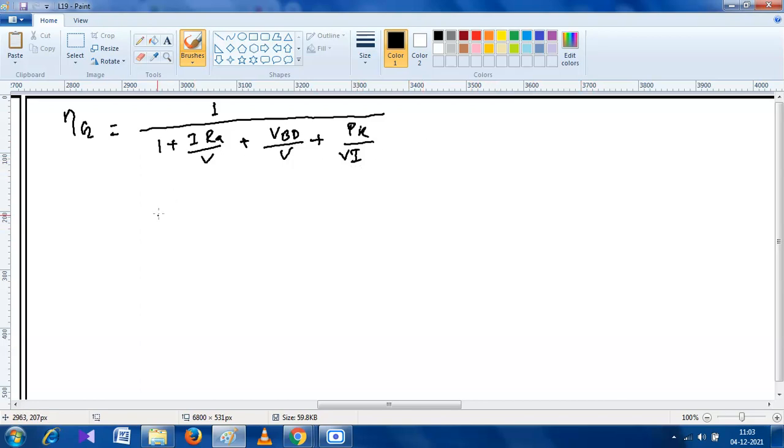Suppose I have to get the maximum efficiency, then we have to get D to be minimum. If we get the value of D minimum, then we can write eta G is maximum.